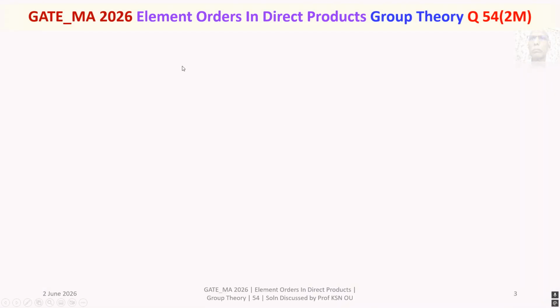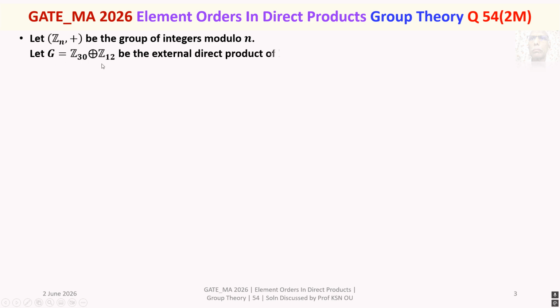Right. The given problem is: let Zn under addition modulo n be the group of integers modulo n. Let G be the external direct product of Z30 and Z12.